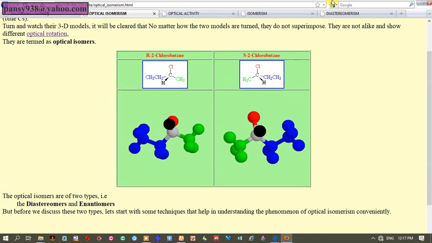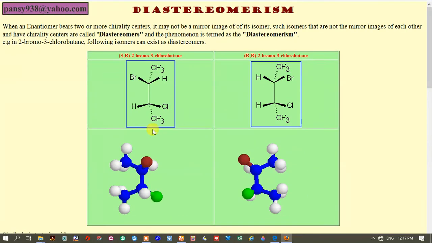For example, in this case of 2-bromo-3-chlorobutane, which is an example of diastereomers, you notice that there are two chiral carbon atoms present in this compound. One of them is this one and the second one is this one.